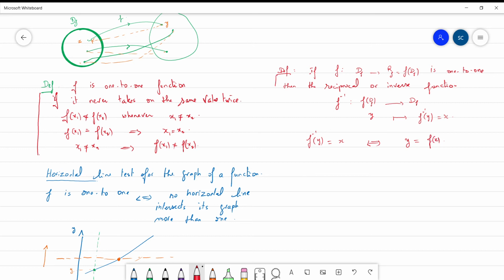This is the relationship between the two. It is not any formula we are guessing, but it is connected directly to the original function. So the notation is f minus 1.